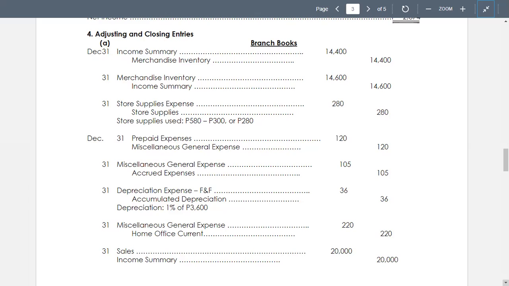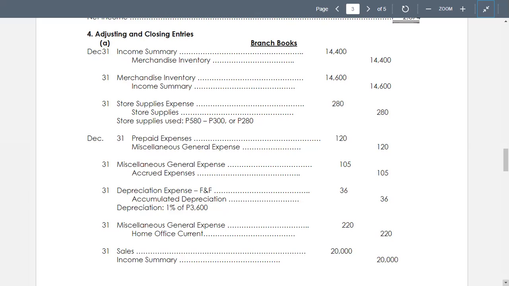Then we have the account credited by the home office, shipment to branch, 8,500. Okay, so these are the accounts which are considered to be reciprocal accounts as found in the books of the home office.